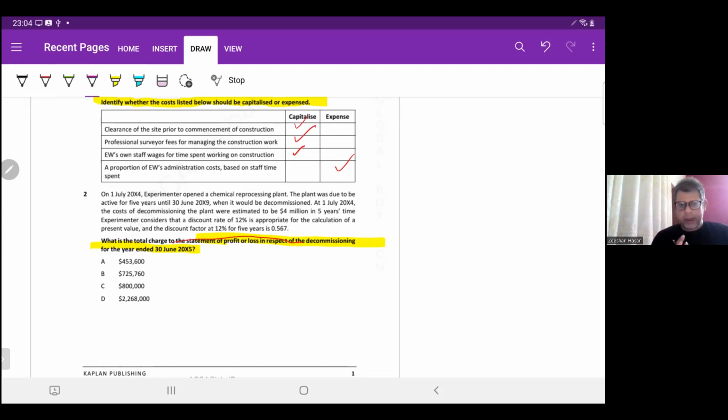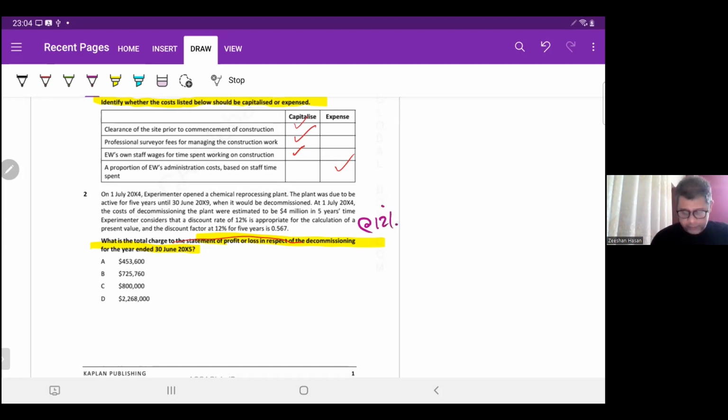The amount included in the cost of the asset for decommissioning cost is the present value of the expected future decommissioning cost, and the present value is calculated by multiplying the expected future cost by a discount factor, which in this case is the discount factor for year 5 at 12%.